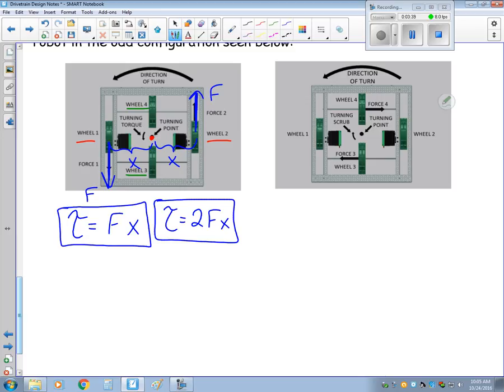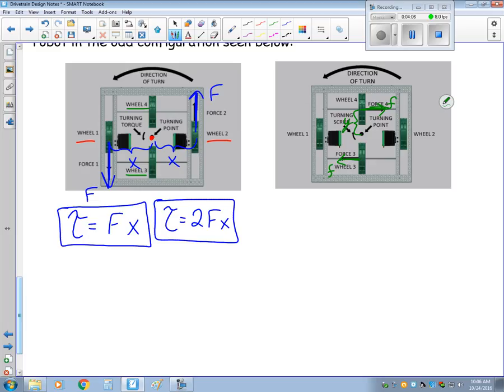Now let's take a look at the turning scrub. In this case, wheel 3, as this is trying to turn, there's this force of friction going against that. So as this is turning, those 2 wheels are being dragged against the ground. And they have some perpendicular distance.